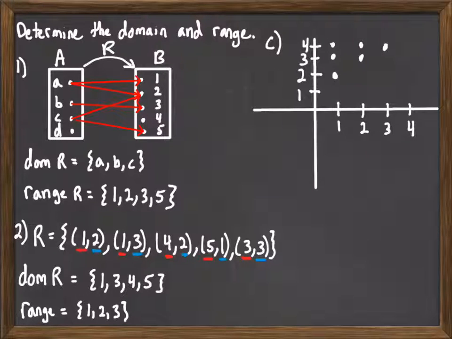And 4 over there actually doesn't get related to anything. And in like manner, 1 on our graph there, the 1 has nothing being related to it.